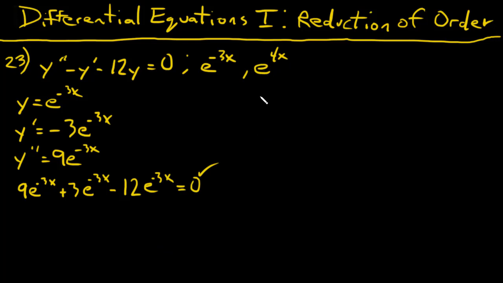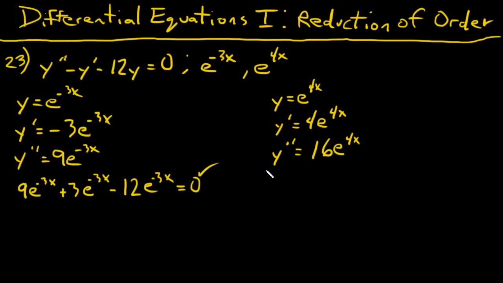Now we can test out e to the 4x. So I've got y equal to e to the 4x, and so y prime is going to equal 4e to the 4x, and then y double prime is going to be 16e to the 4x.